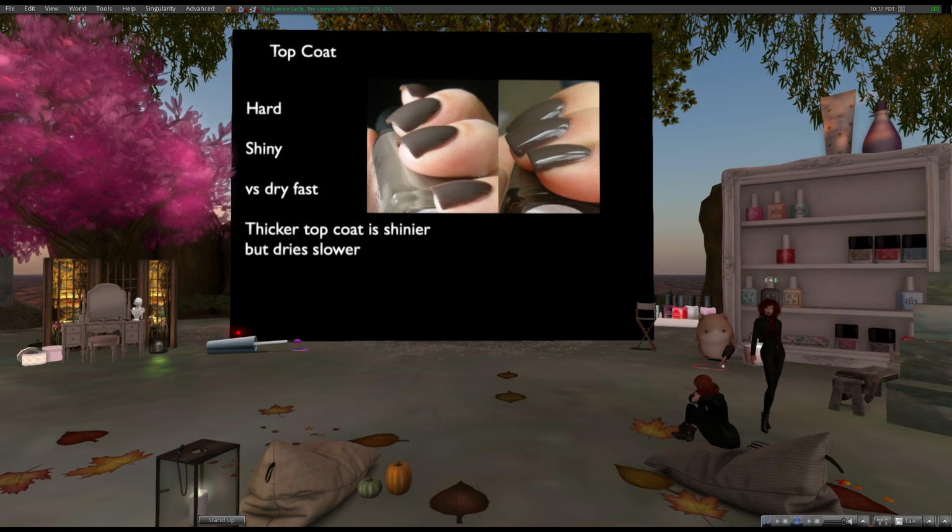It's shinier, but it dries more slowly. And many of the women here know that to really dry a nail polish, it can take a couple of hours before it stops being really soft and susceptible to being scratched or poked. At least the classic kind of nail polish I've been describing so far.